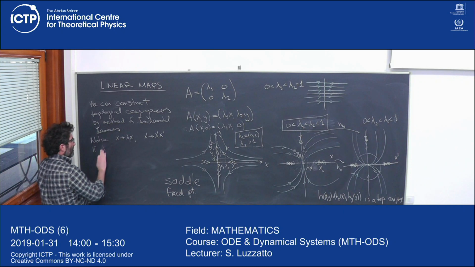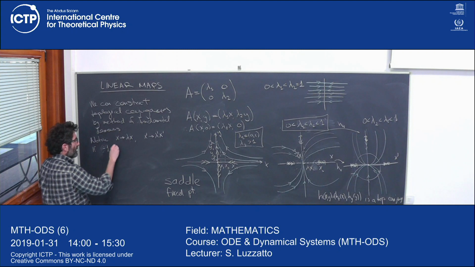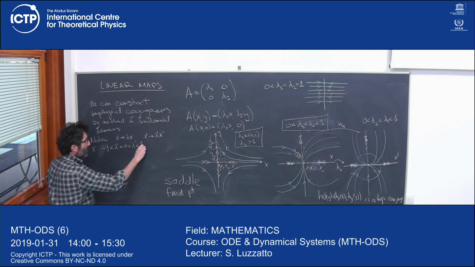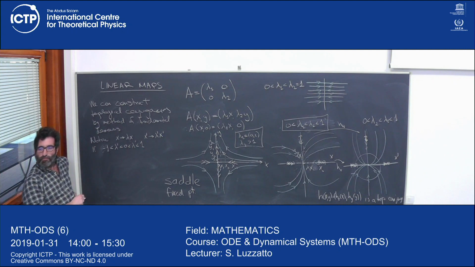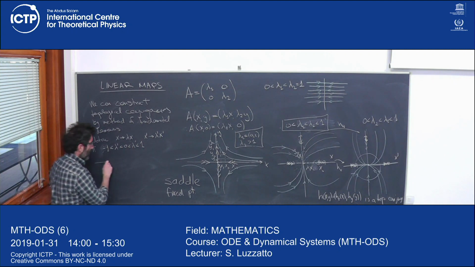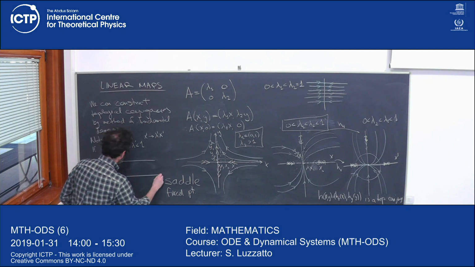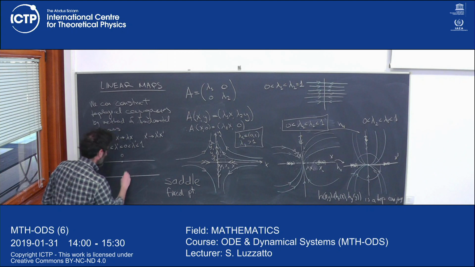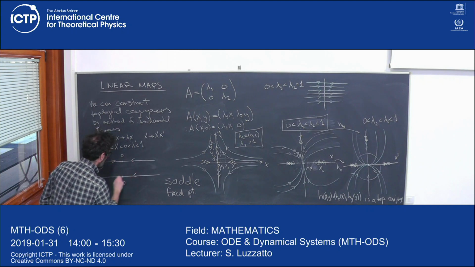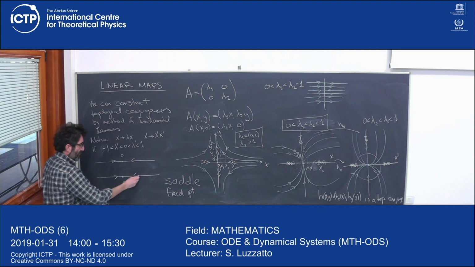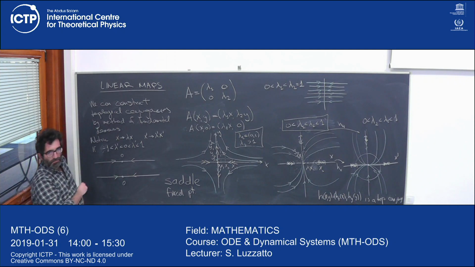Let's use this example here: lambda prime less than 0, less than lambda less than 1. So we have two linear maps. Both of them have contracting fixed points. But one of them is negative, so in one case this flips.